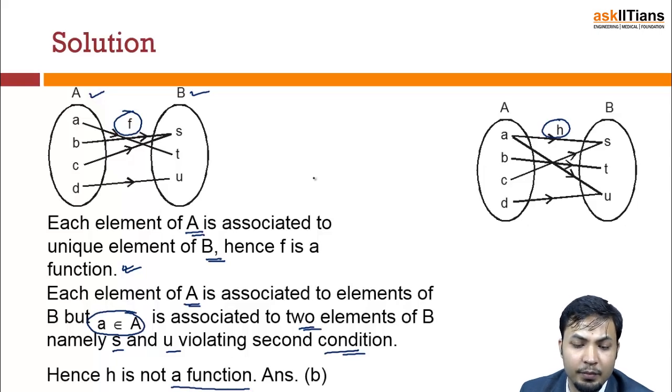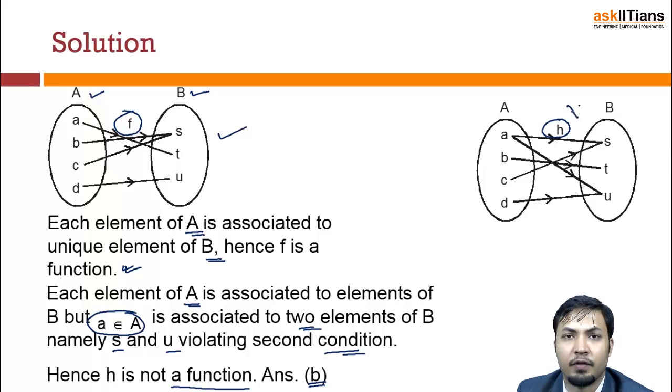So this will give me option B as the answer. So I have f as a function, h is not a function. Why? Because it violates the second rule, which says a belonging to A is associated to two elements. You see, a has two elements over here, this one and this one, which cannot be true. So based on that, this will not be a function.